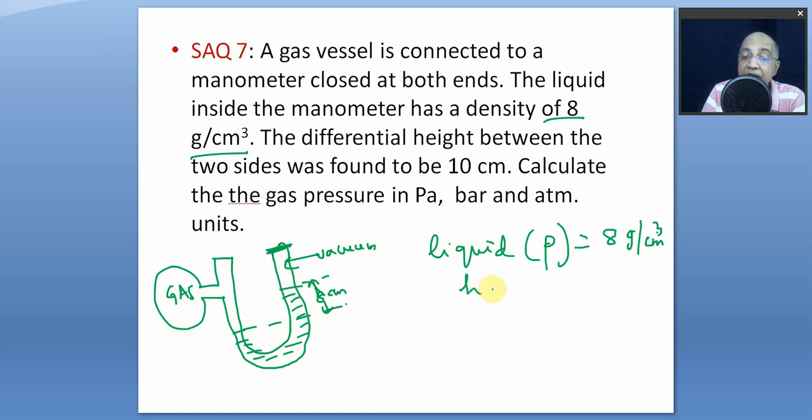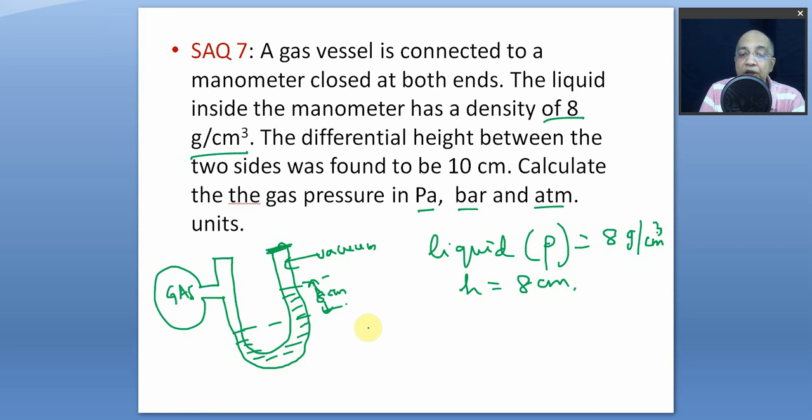So the height is 8 centimeter, H. So find the pressure of the gas in Pascal, in bar, in atmosphere. Not in height of mercury, because this is not mercury, it is a different liquid. So you can say 8 centimeter of this liquid. You have to mention the liquid, then somebody has to know its density, then he can find that.